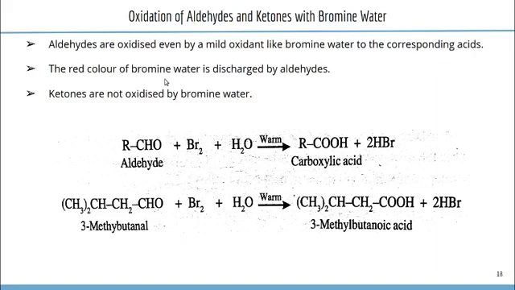The red color of bromine water is discharged by aldehydes. So during the test, the red color of bromine water will undergo decolorization by aldehydes. Ketones are not oxidized by bromine water.